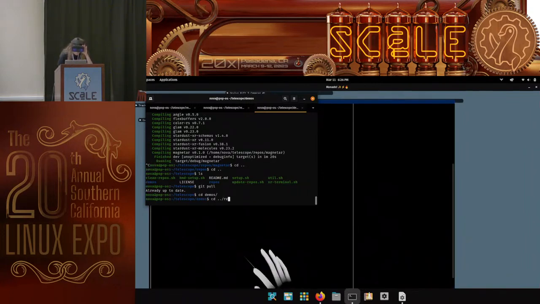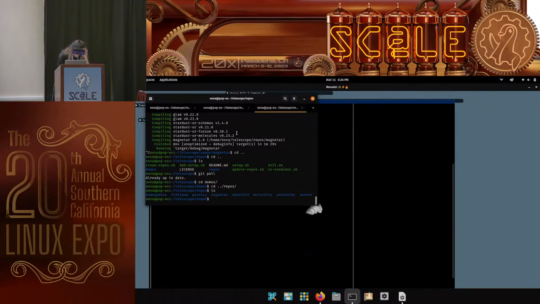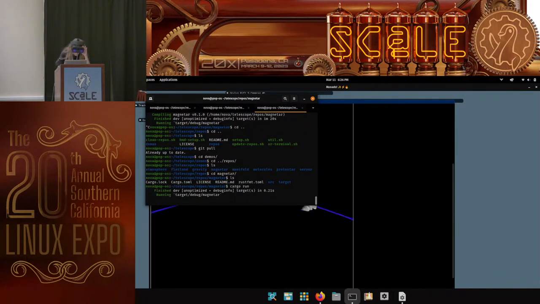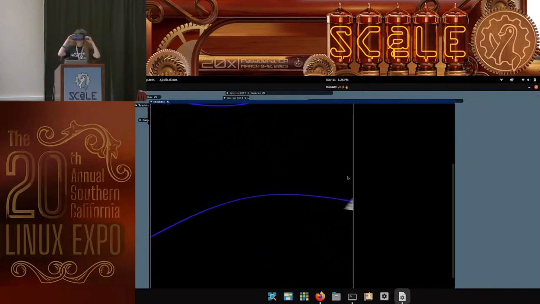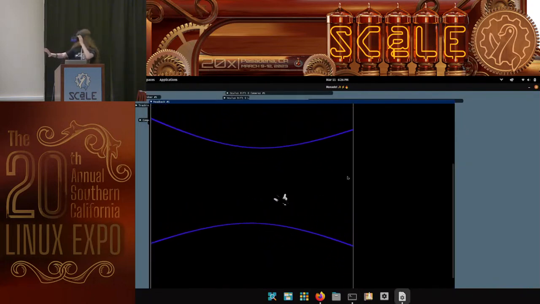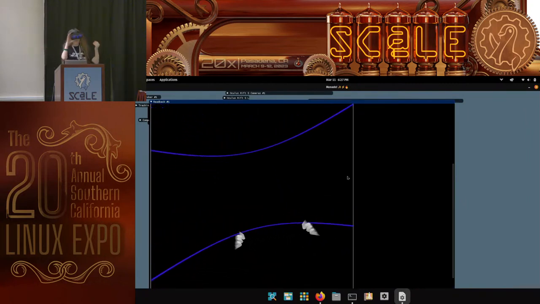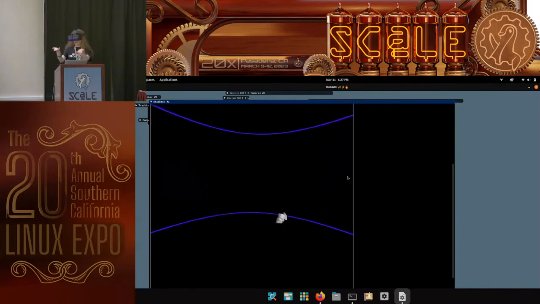Anyway, this is a cool demo called Magnetar. What Magnetar's deal is, oh, I can't reach it. What Magnetar's deal is, anything inside of it you can move up and down.